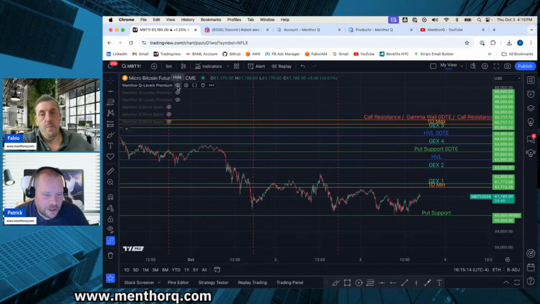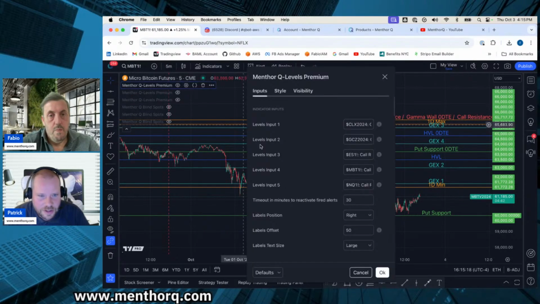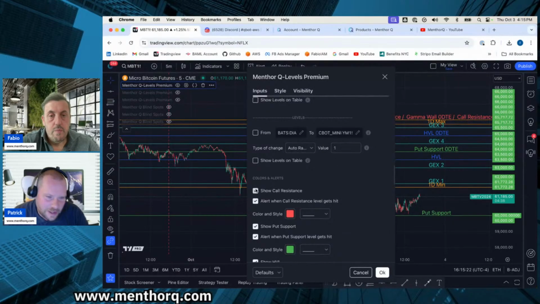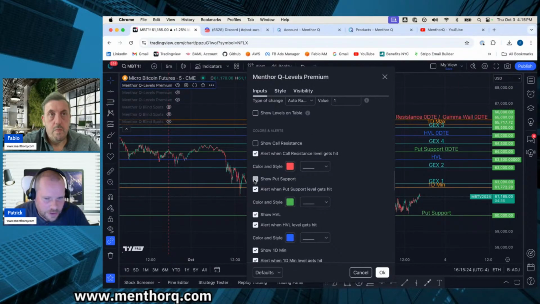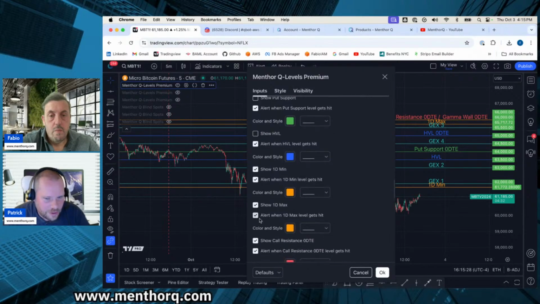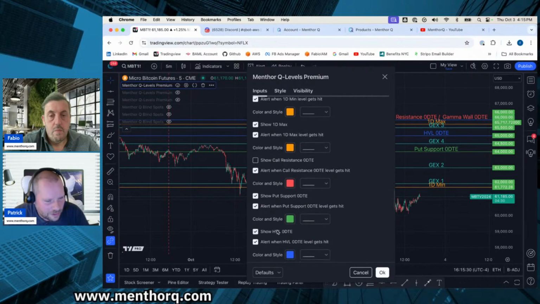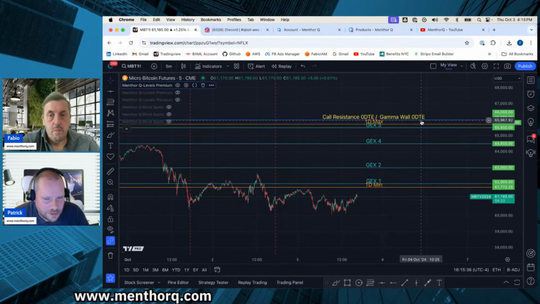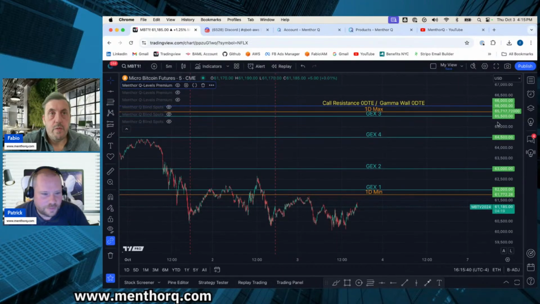You can also go into the settings and say, okay, I only want to see the 1-day max and the 1-day min, and plot only those to see how they changed, so that you get a feeling from the market. What is the market telling you? Or you can do this with the call resistance. You can do this with everything. What do you really like?